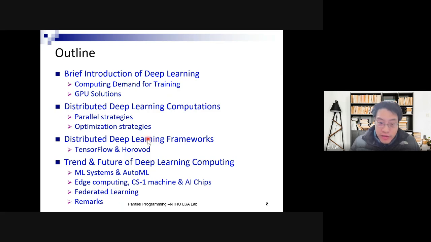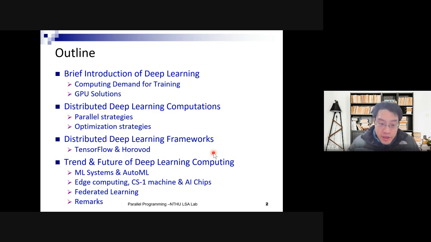So how you can actually do distributed computing through TensorFlow or Horovod, those libraries. Okay, we will arrange a lab. We still keep this lab for you to experience how to run distributed learning, how to train a model distributedly across machines through TensorFlow and Horovod.